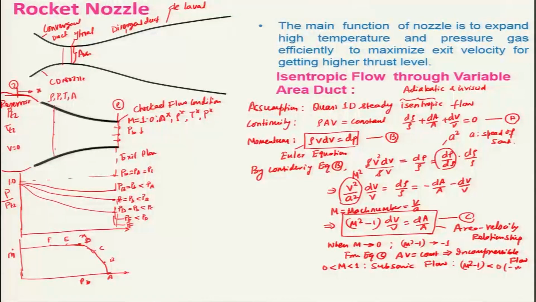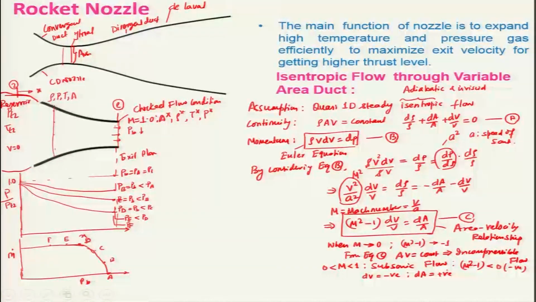From this equation, for this subsonic flow case, dV is negative when dA is positive.